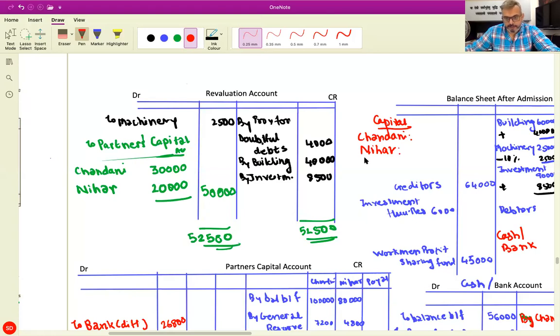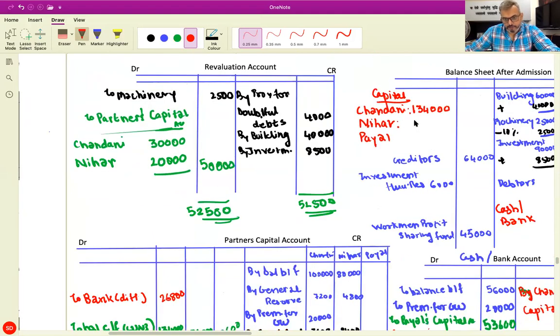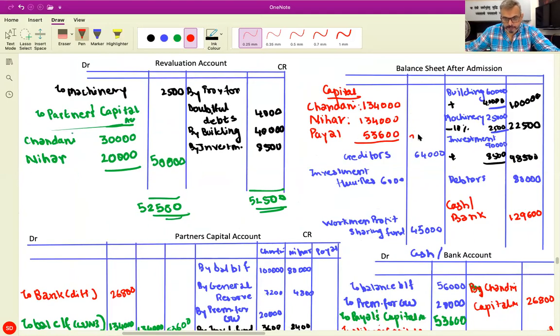Chandani, Nihar and Payal. 1,34,000, directly from here we will write 1,34,000. 53,600. 3,21,600.